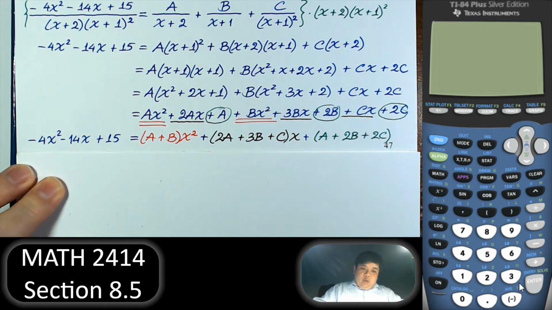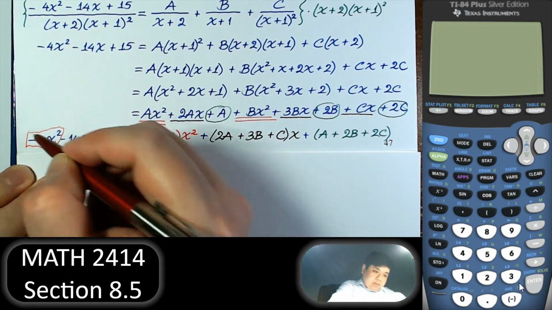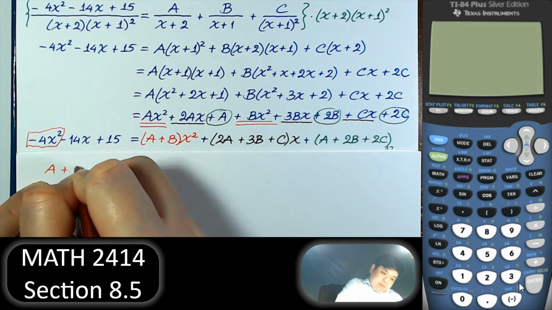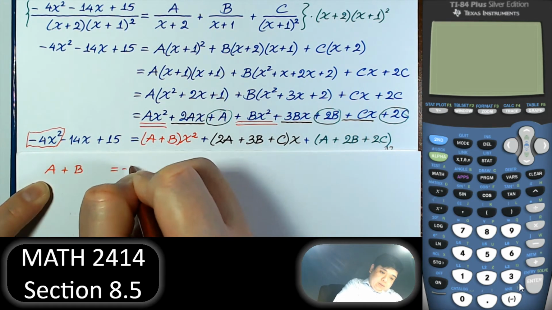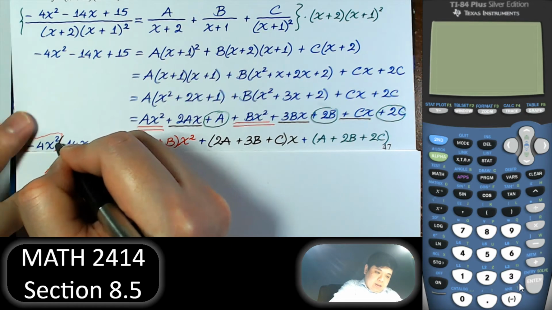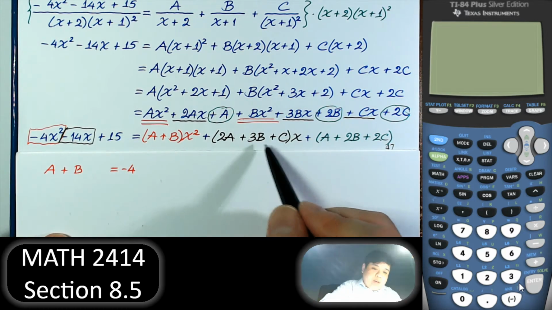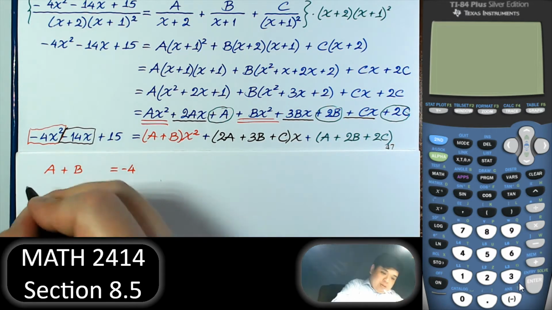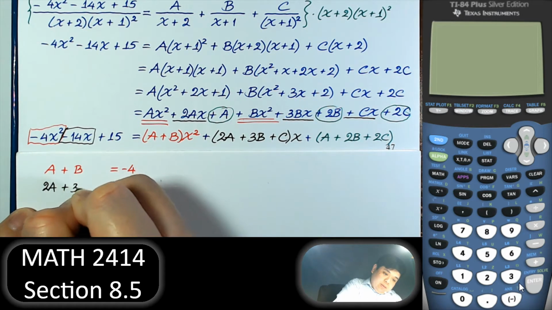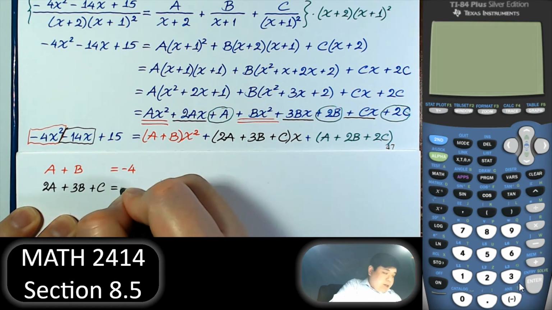Right. So matching coefficients: a plus b equal to -4. Then the coefficient of x, -14, equal to 2a plus 3b plus c.